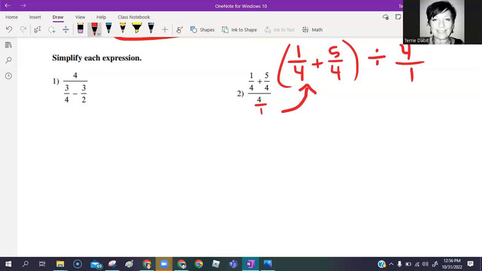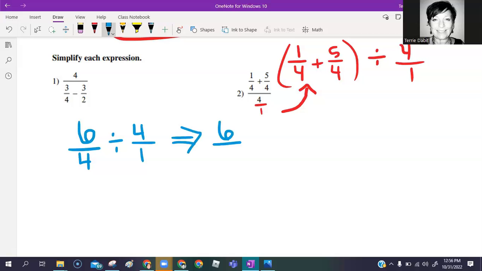You'll notice that the denominator is the same in this one, so it makes it pretty easy to add. We don't have to find a common denominator. So I have 6/4 divided by 4/1. I use my keep, change, flip.